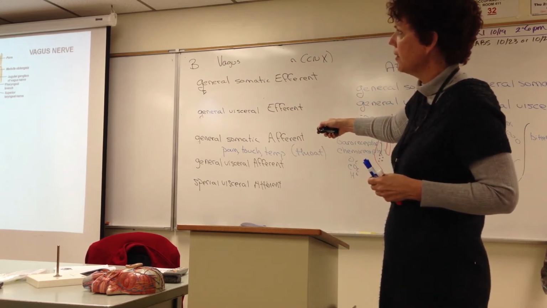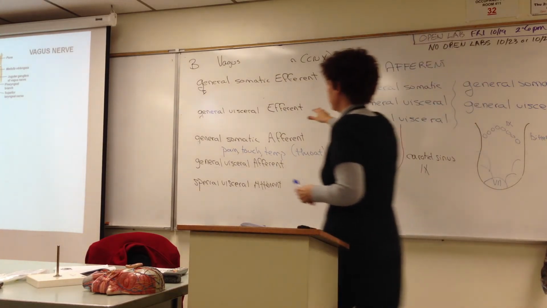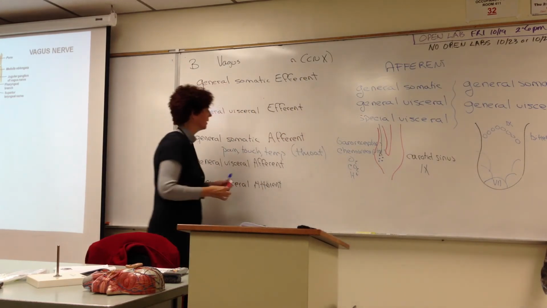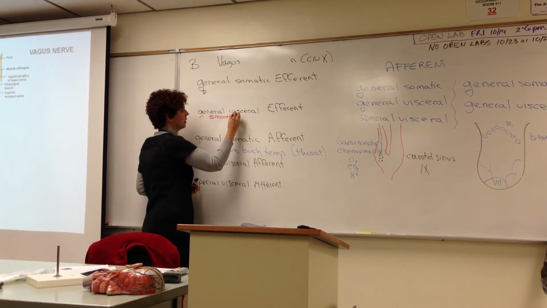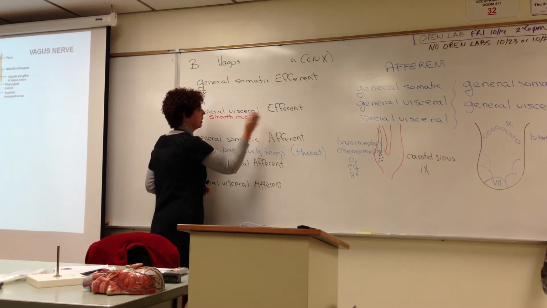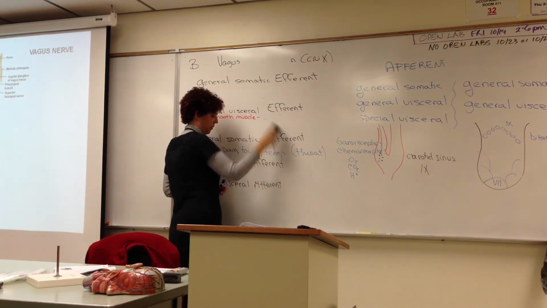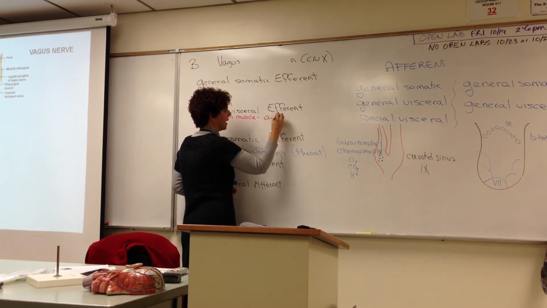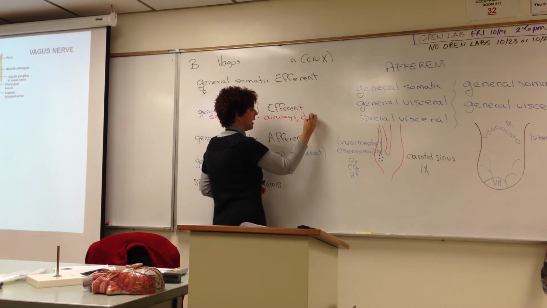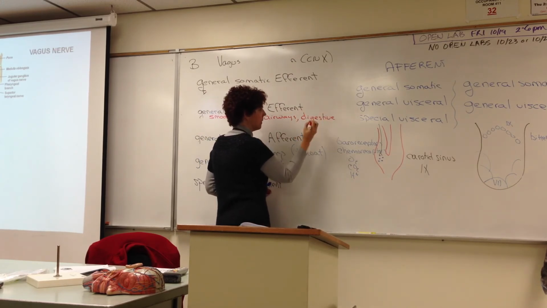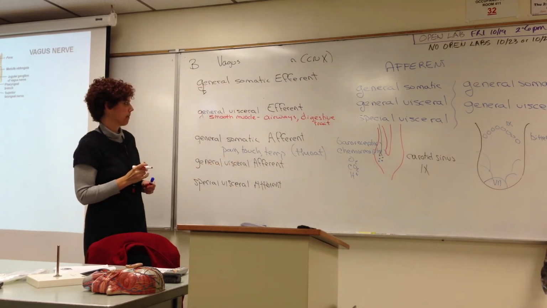But you can see that the vagus nerve has a very elaborate pathway. General visceral efferent, we'll just get that out of the way, is going to be smooth muscle for the airways, the trachea and bronchioles. I'll just say airways because there's more smooth muscle than just bronchioles. Smooth muscle for the digestive tract, so smooth muscle in the stomach, small intestine, and two thirds of the large intestine.